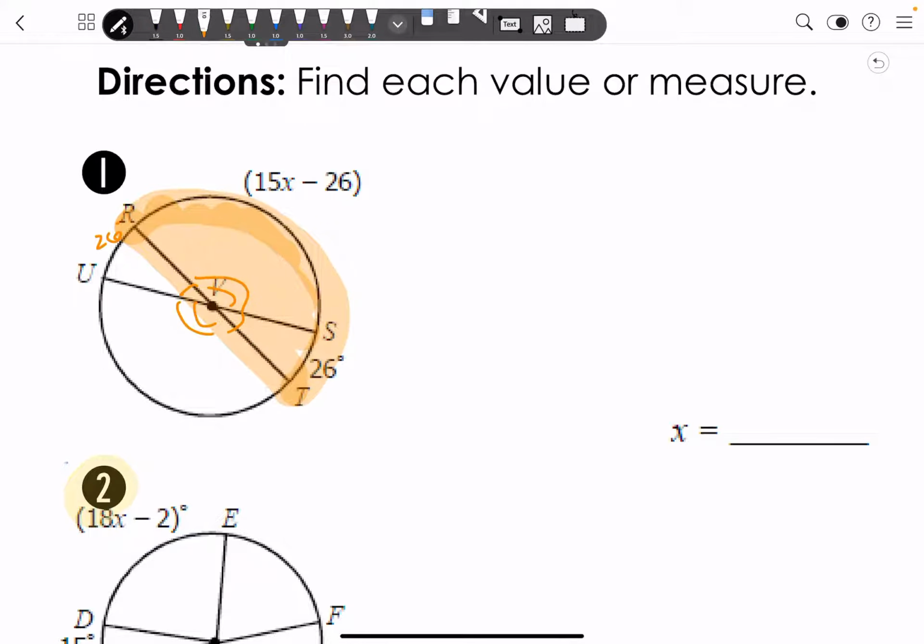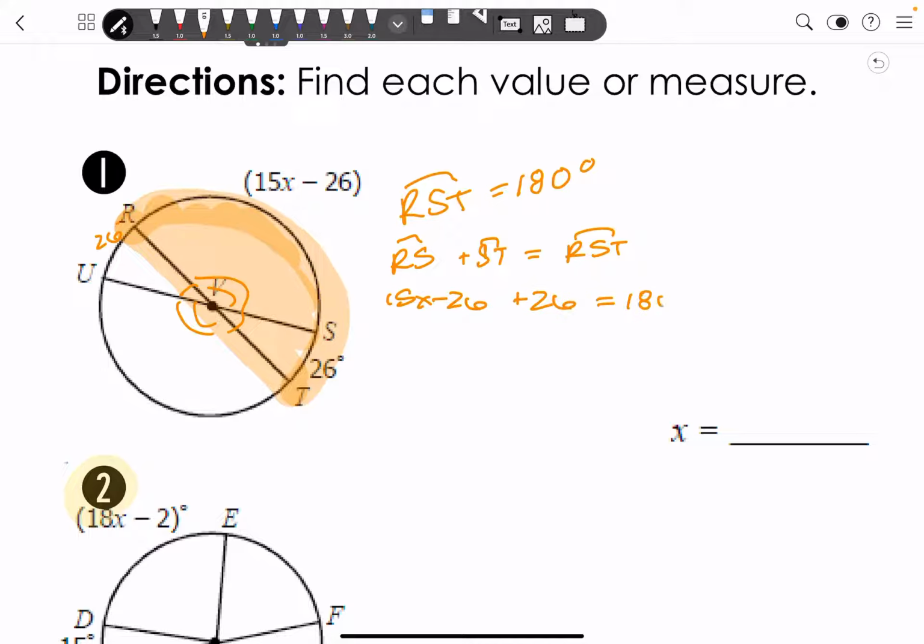Arc RST, major arc right here, is a semicircle, and it's 180 degrees. So if we add up arc RS and the measure of arc ST, you will get arc RST. Or in other words, 15x minus 26 plus 26 is going to get me 180 degrees.